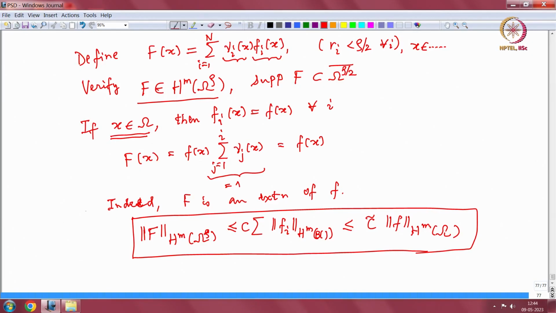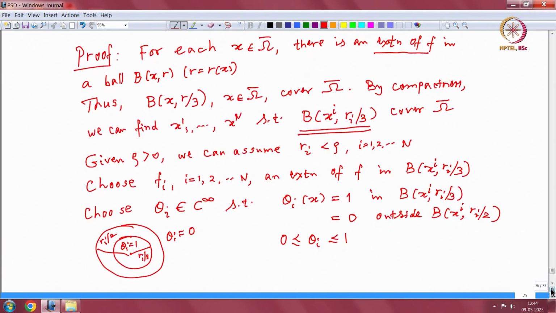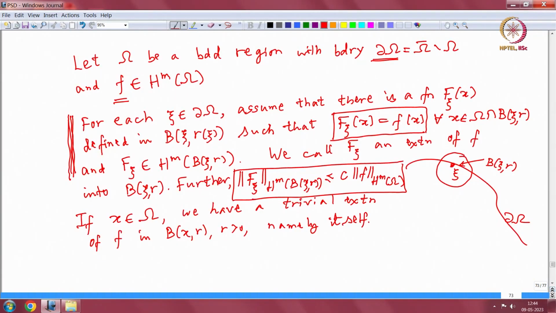Okay. So it remains now to put conditions on the boundary. This is an important assumption we are making on the boundary points, and once we verify that, we get an extension, and once we get an extension, the density result follows, and then we can apply that to get the integration by parts.